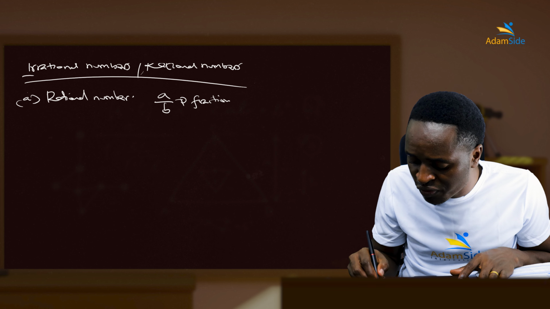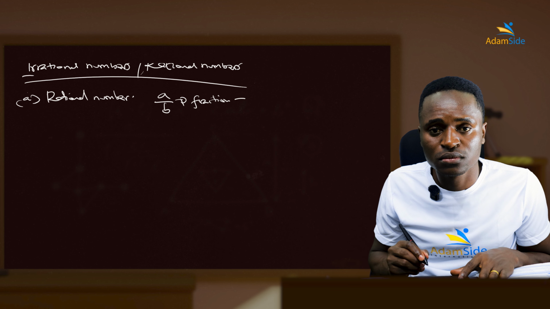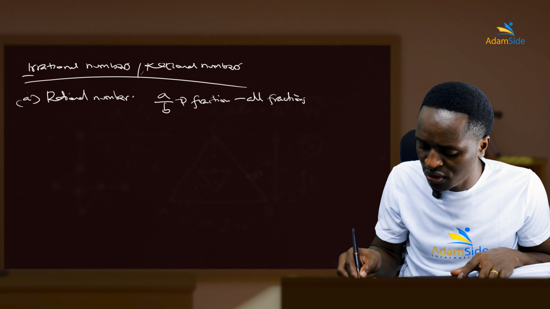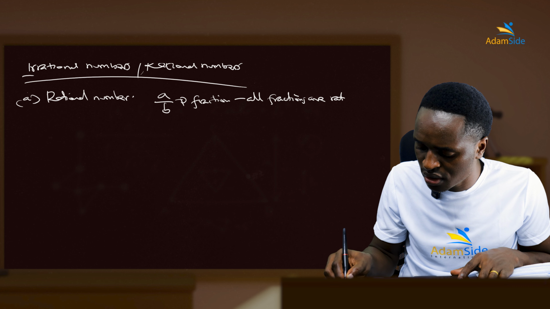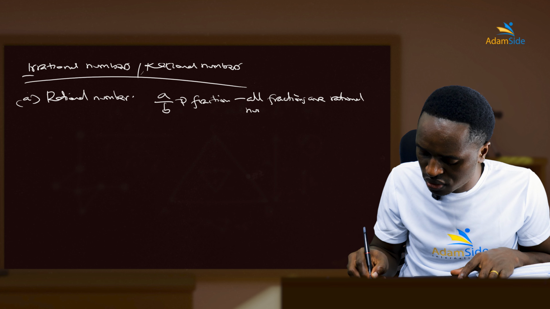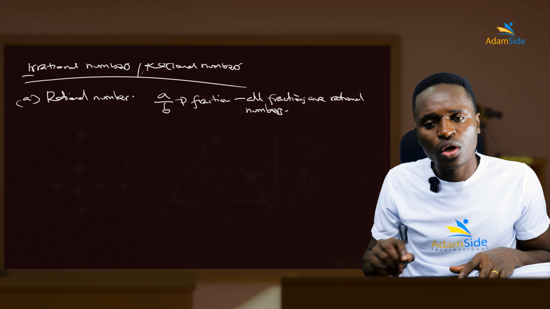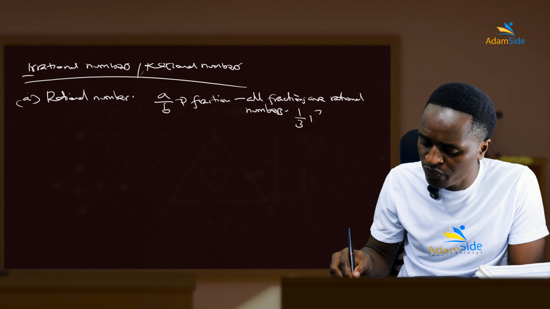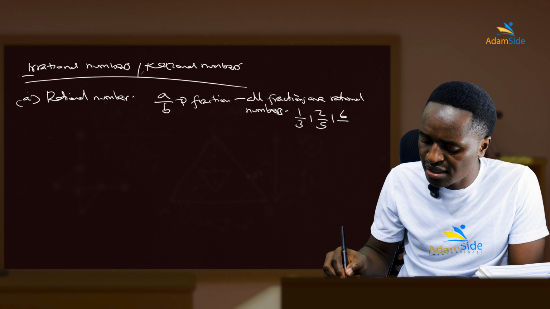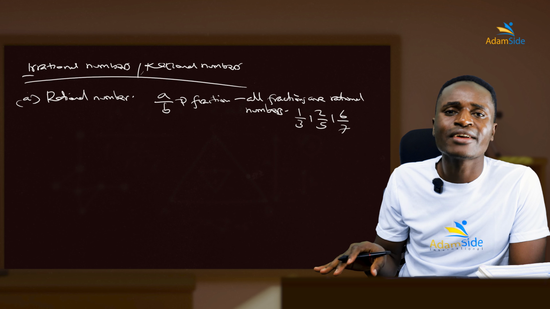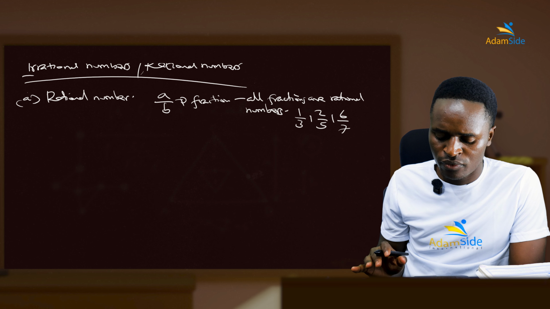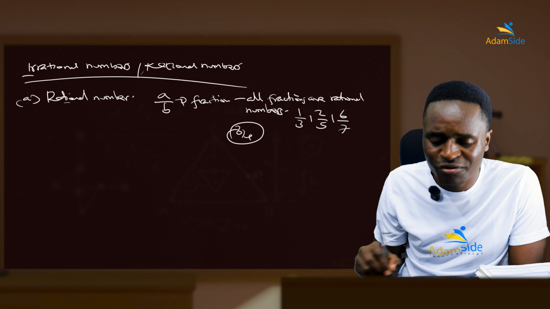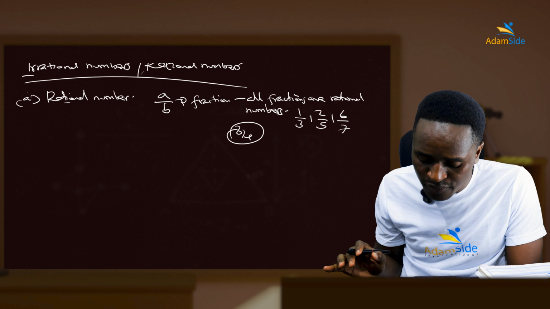So all fractions are rational numbers. Even 1 over 3, 2 out of 5, 6 out of 7, or 3 out of 4. All fractions are rational numbers.